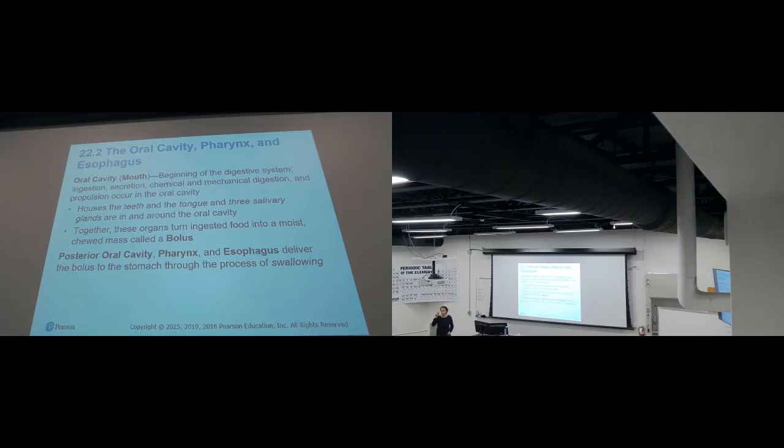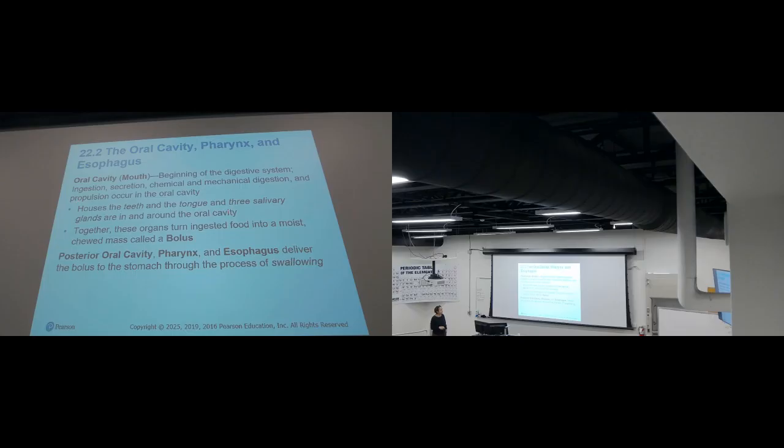Physical digestion by breaking down pieces of food with our teeth, and chemical digestion by starting to break down carbohydrates and lipids with enzymes. We have an enzyme called lingual lipase that starts breaking down the bonds between lipids. And then we have an enzyme called salivary amylase that starts breaking down starch. So starch-rich foods include potatoes, corn, etc.